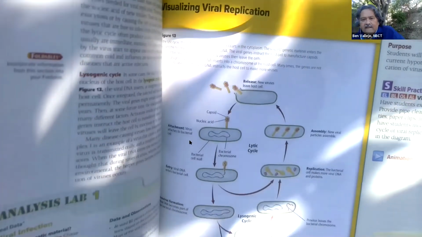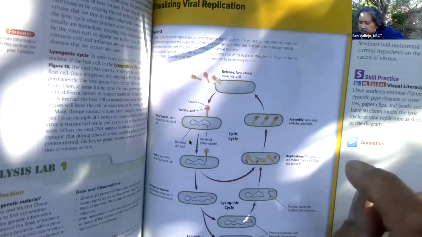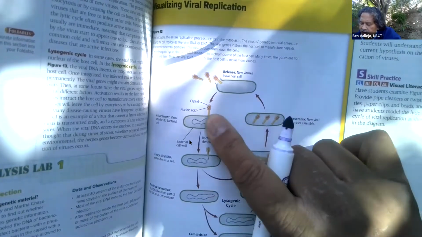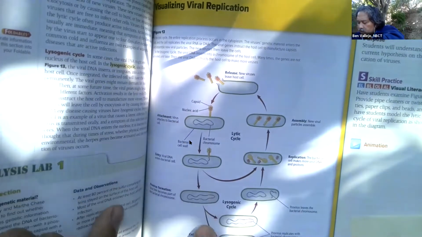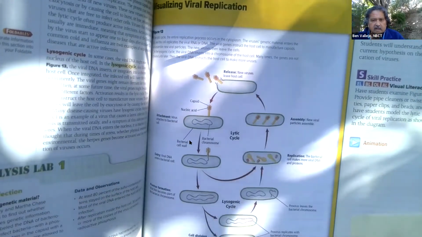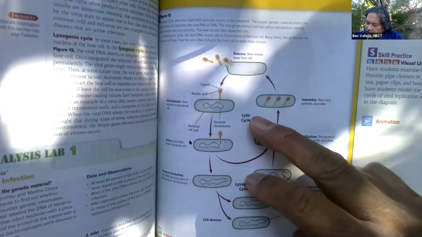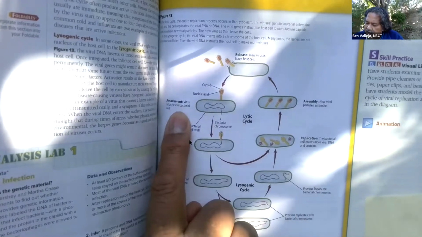All right. Let's go over here. Okay, there's my book instead of what was on the screen. Again, these things happen in both of them. And then it either goes into the lytic cycle, which is this way, or the lysogenic cycle, which is that way. Okay, so both the lytic and lysogenic do attachment.